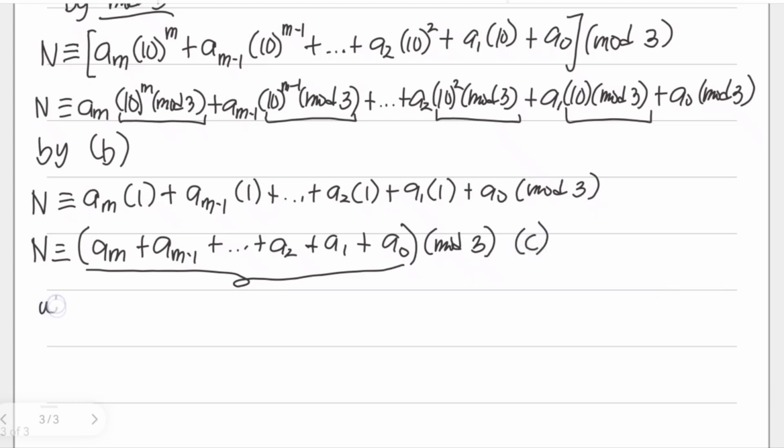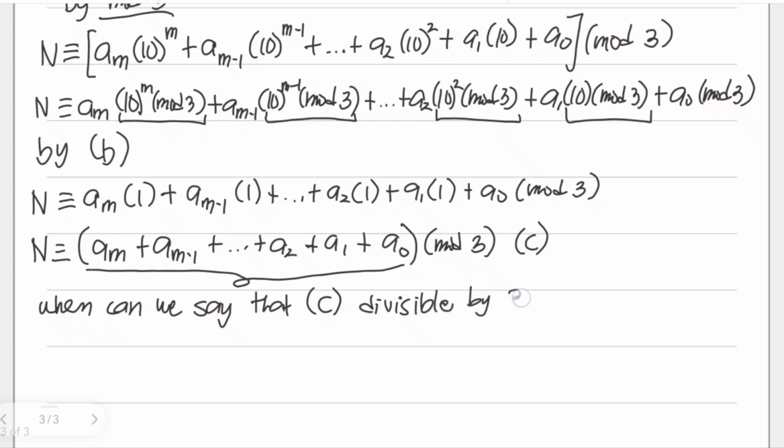When could we say that our C will give us divisibility by 3?